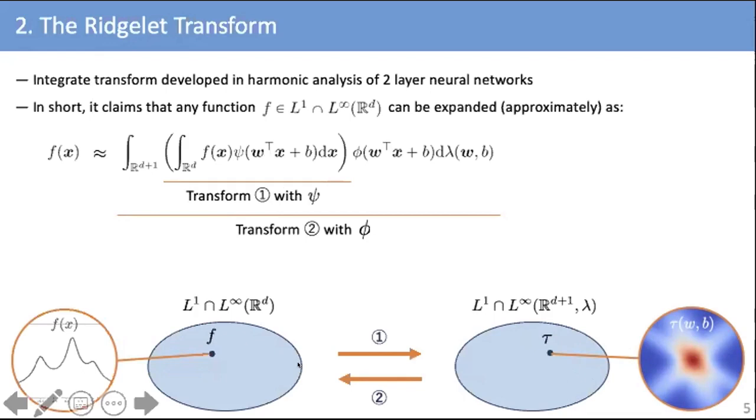In the second part, this function tau, the transformed value in this bracket, is integrated together with some function phi. Again, this second integral transforms tau back to the original function f. We can see this illustration at the bottom. By these 2 integral transforms, 1 and 2, f goes to tau and tau goes back to f respectively.